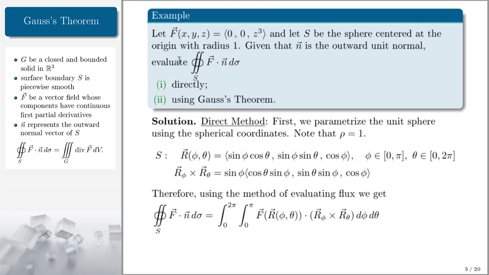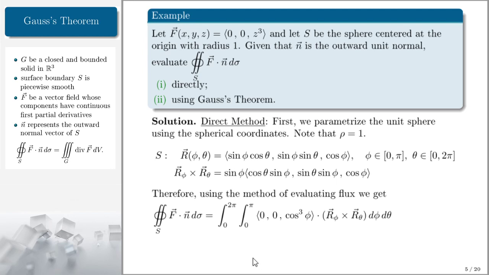Since my vector field F is just (0, 0, z cubed), if I evaluate the x, y, z values here, I will only have a cosine cubed on my third component and 0 on the other two. If I now get the dot product with the one that we have solved before, then the first and the second component will just be zeroed, while the third component will be cosine to the fourth times the scalar multiple sine phi.